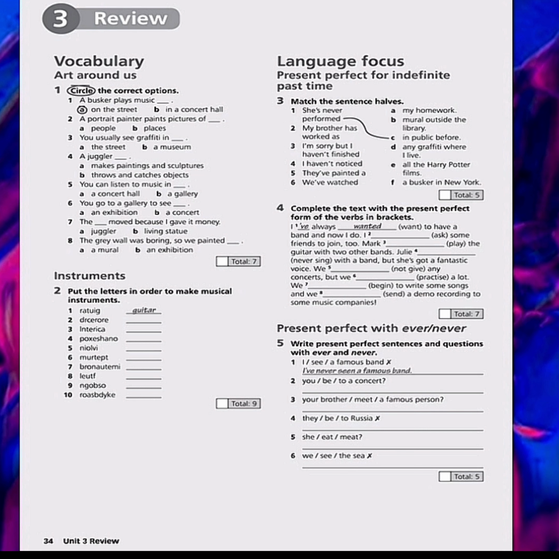Language focus, present perfect for indefinite past time. Section 3, match the sentence halves. Section 4, complete the text with the present perfect form of the verbs in brackets. Section 5, write present perfect sentences and questions with ever and never.